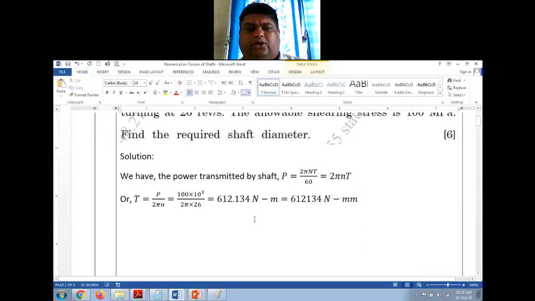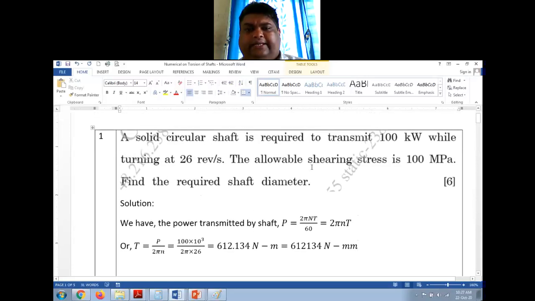So this is the torque that it can transfer.